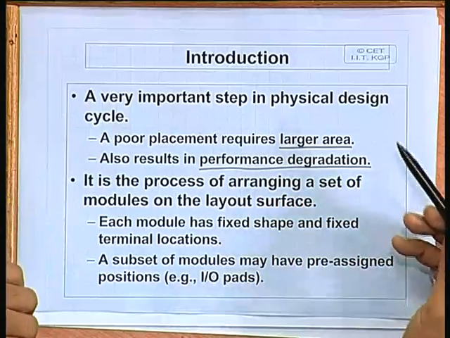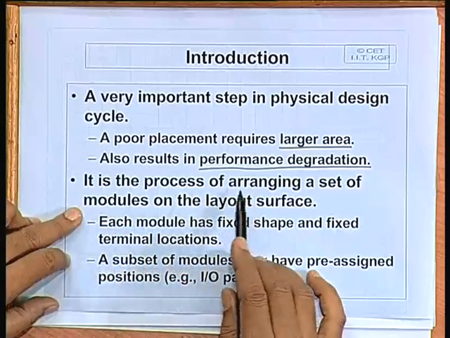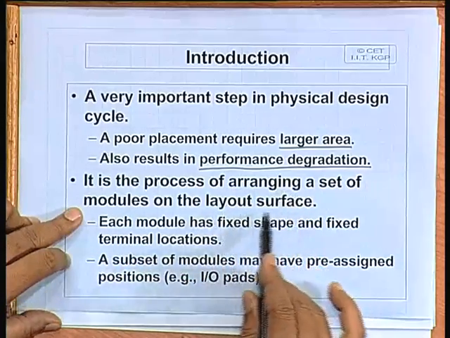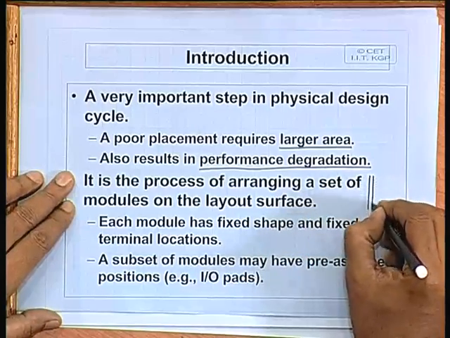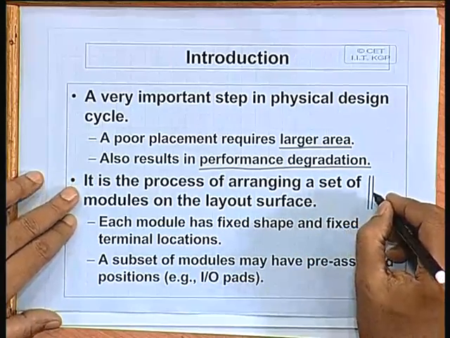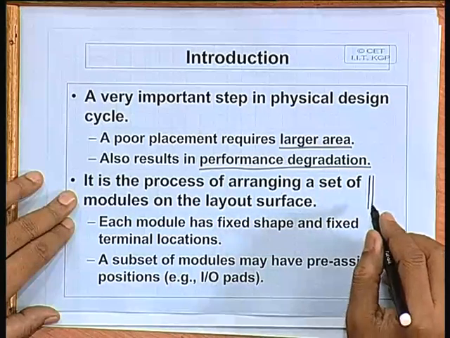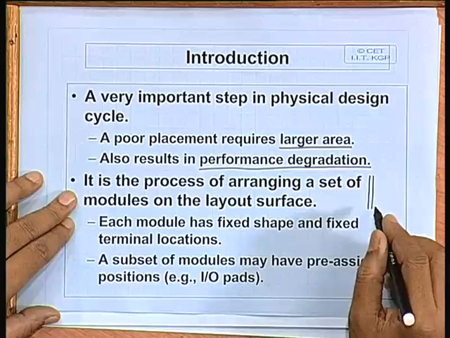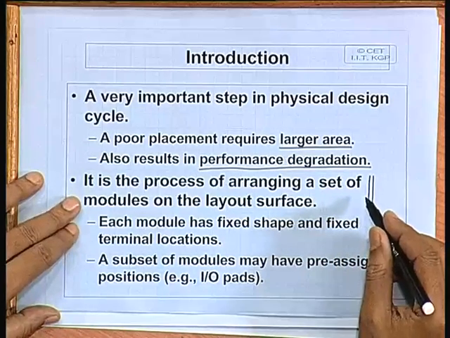Now, essentially placement means you have a set of modules, you want to arrange them on a layout surface. In this sense, this is very similar to floor planning, but I had mentioned that in floor planning you are trying to find out a tentative arrangement, but here it is more like an exact arrangement, or finding out the exact location of the modules.